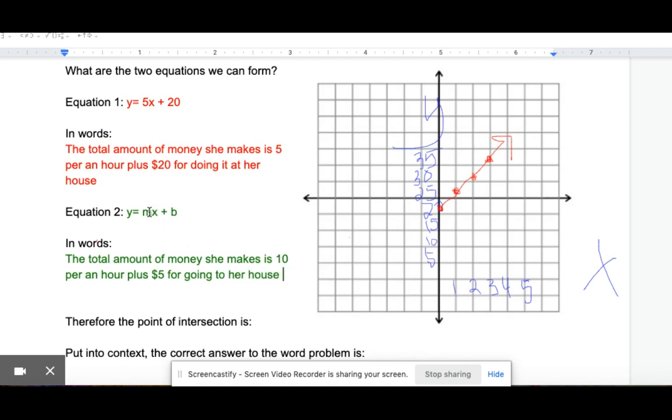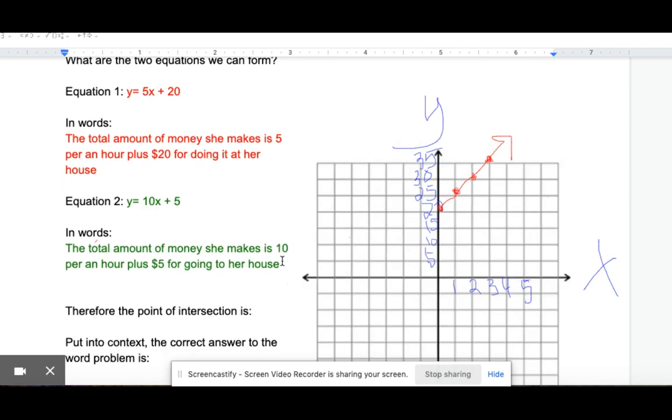So in our equation, what does the m become? Well, the slope is 10 an hour, so 10 times the x for the hour. Plus, what's the b? The b is the $5 base amount for going to her house.